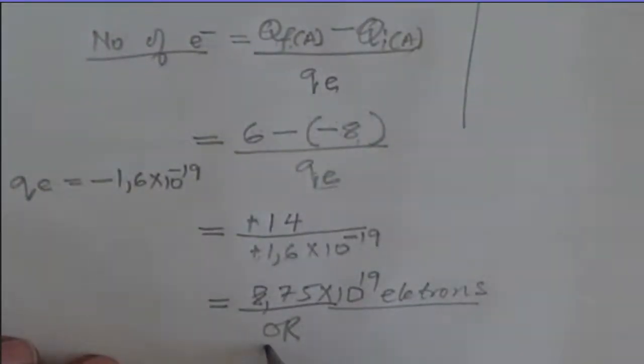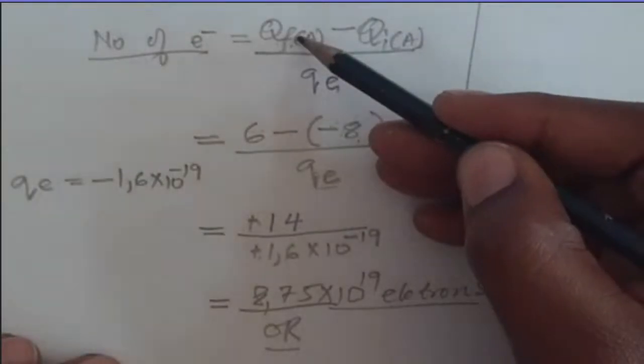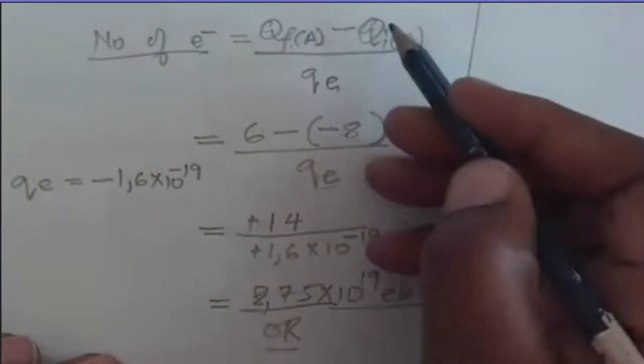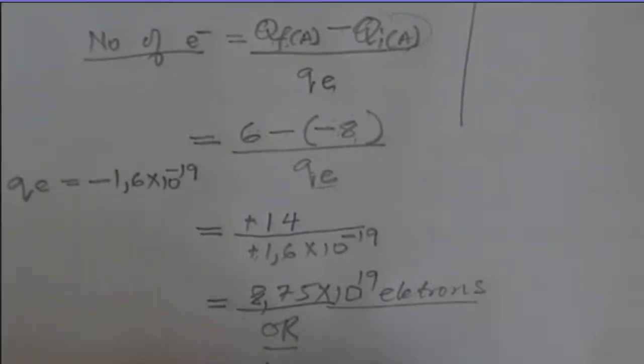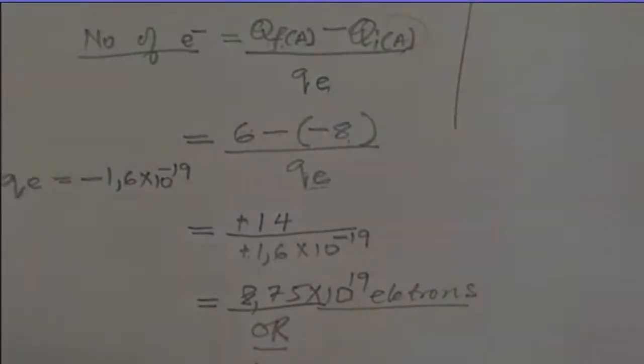Now, the second part, for this top part, we can calculate it isolated, the change. It must be the change of Q for A. Once there's a change, it will be final minus initial. So it will be the change for A: you can't just put change, you must put the charge.